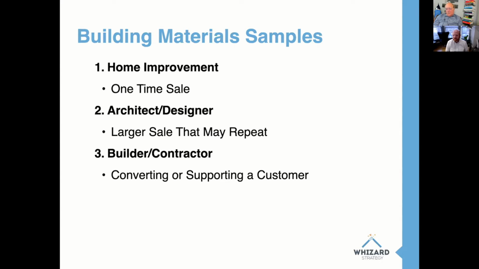Or they can go to builders and contractors, to help the salesperson who's trying to convert a builder or contractor, or perhaps supporting a customer where a contractor wants to use your product, and he can take your sample in to his customer and show them why it's a better product. So I see building material samples fitting into these three main buckets. There are some others, but in my experience these are the big ones.